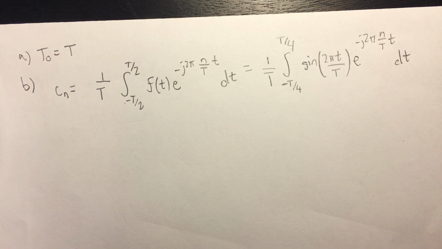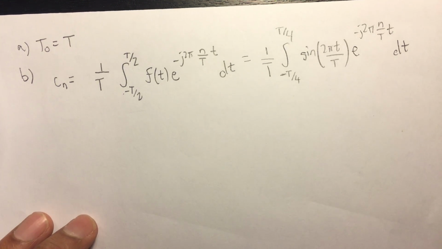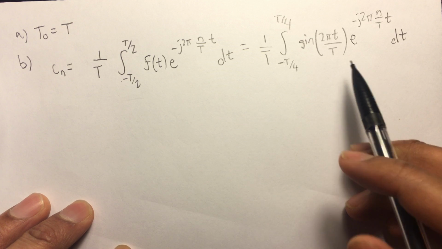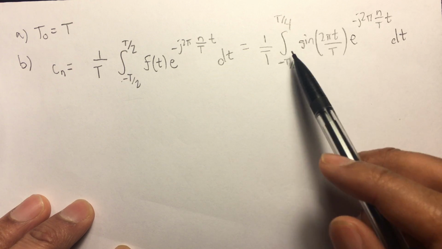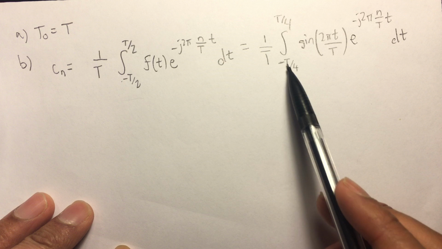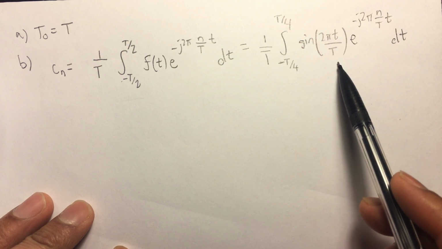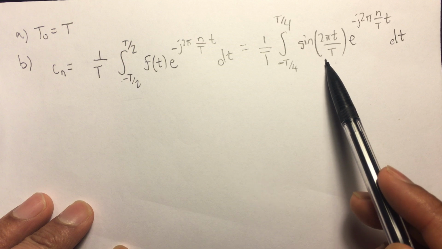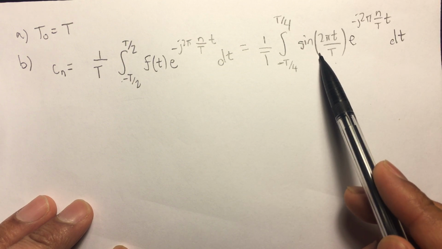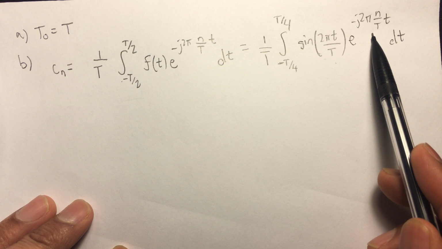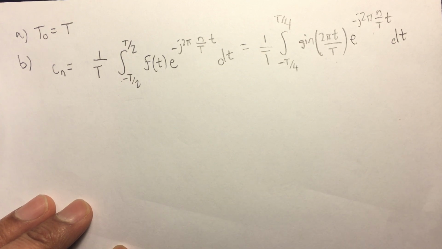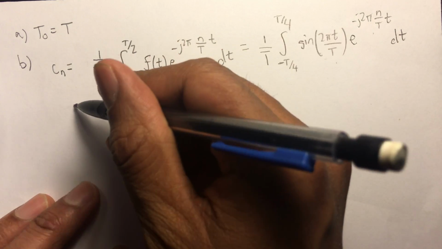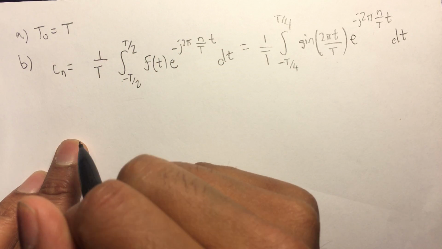I generally encourage you to choose the easier way, which is how we did them for the homework problems. You have the sinusoid, you can expand using Euler's formula, and then you'll be left with two complex exponentials that multiply this complex exponential, so you'll be left with two integrals that you can solve.